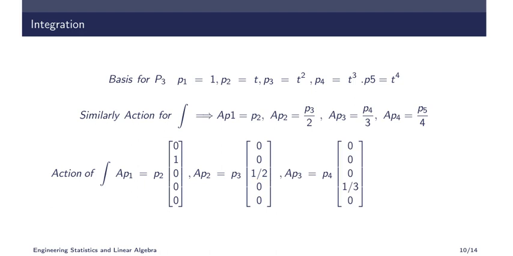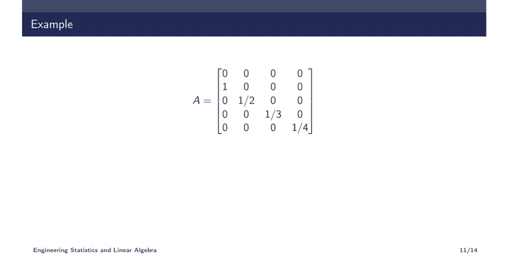And A of P3 is equal to P4 by 3, so the coefficient of P4 is 1 by 3 and everything else is 0. And A of P4 is P5 by 4, so the coefficient of P5 is 1 by 4 and everything else is 0. Now if you represent that as a matrix, all the columns constitute this one, so the first row will be 0 and everything comes here now, because there is no first element here.